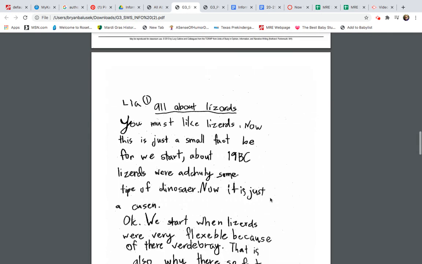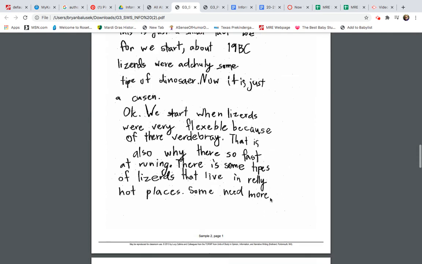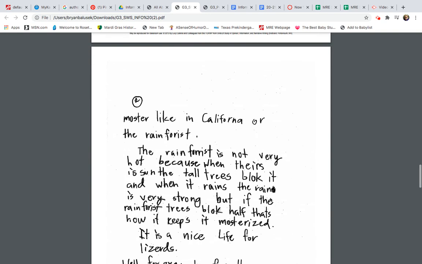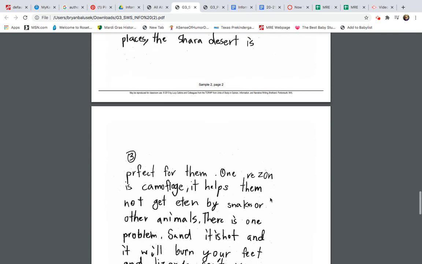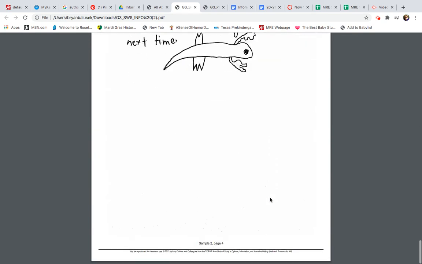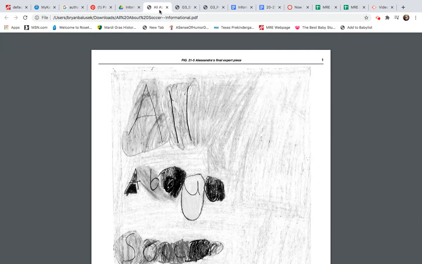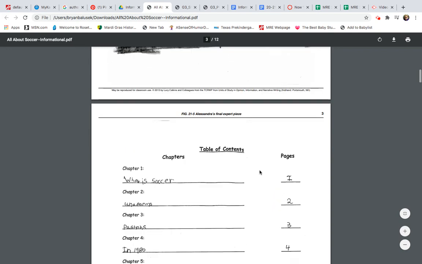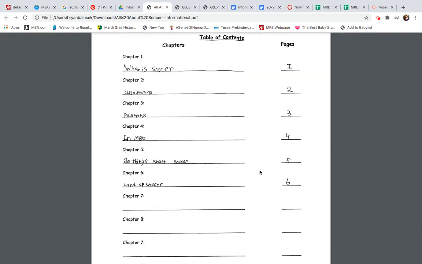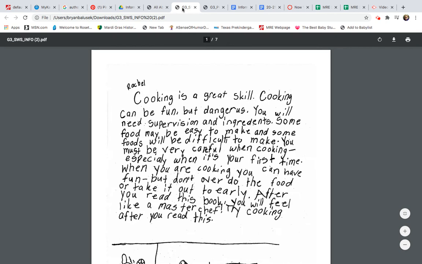Okay, and then here's another story about lizards, all about lizards. Okay, so I hope that some of the things you're noticing is now we have chapters, which are still going to be paragraphs, but that's okay. You have chapters, so each chapter is going to be about one thing about your topic.